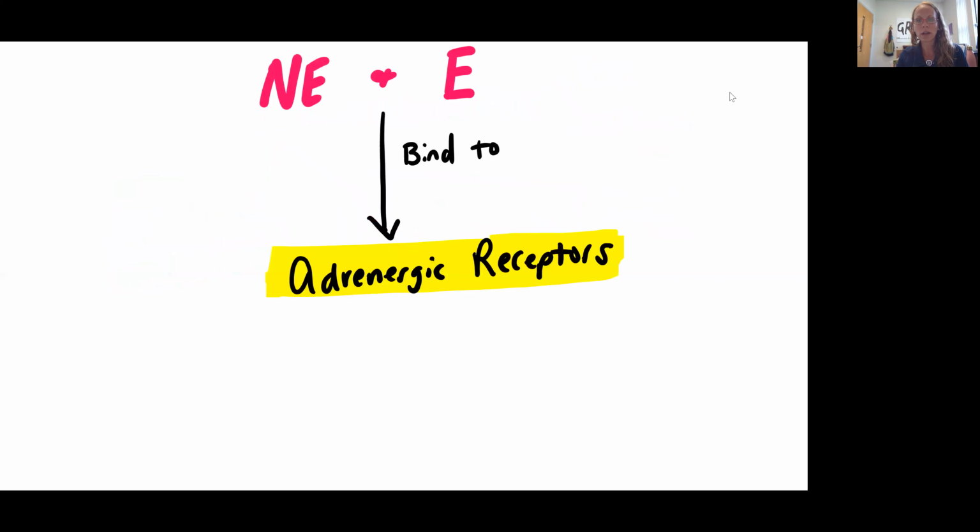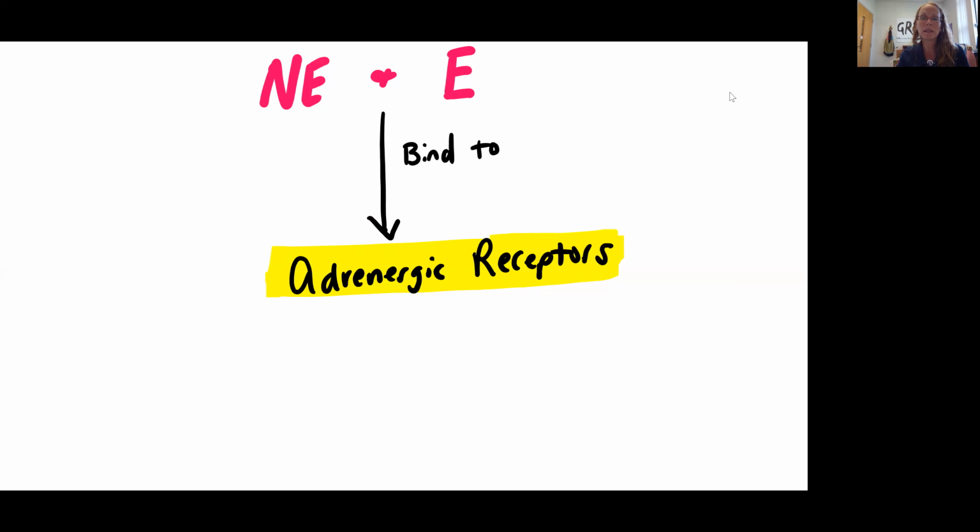Now, the primary neurotransmitters of the sympathetic division are, of course, norepinephrine and epinephrine. In order for those chemical messengers to activate a cell, they have to bind to an adrenergic receptor.